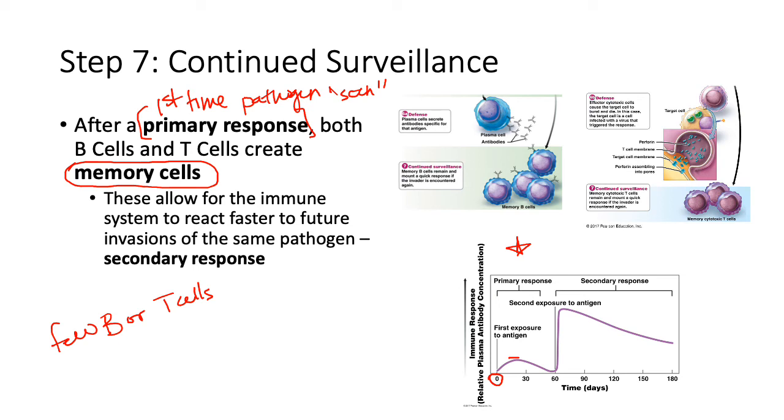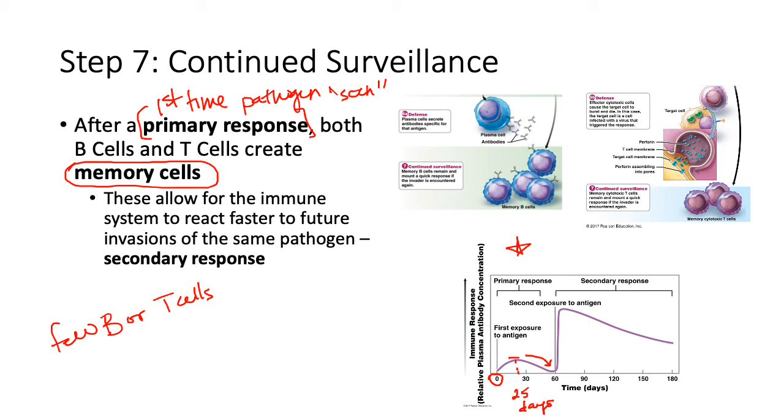We can see that antibodies are being released into our bloodstream, and then those antibodies decline over time. But notice that they didn't peak until about 25 days. So it took a while to get that immunity, which we're going to talk about in a second. So the primary response is slow.